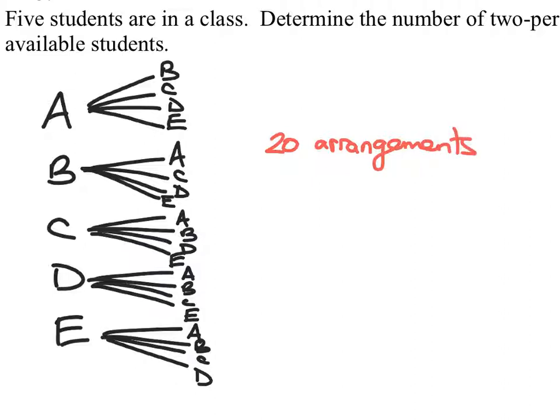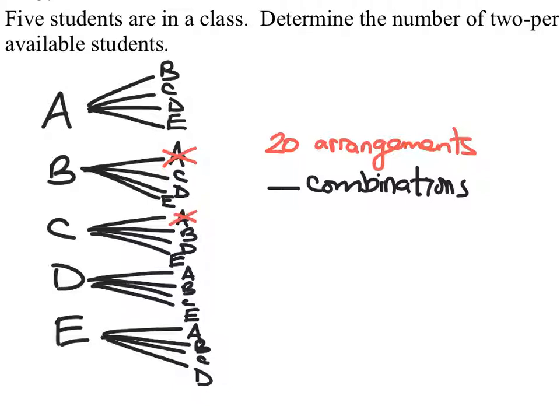Not what the question's asking us, but I have something I can work off of here. What I want is the number of combinations. Instead of highlighting, because it'll get messy, I'm just going to cross off the repeats. A, B I already have, so I don't need the BA. A, C I already have, so I don't need the CA.